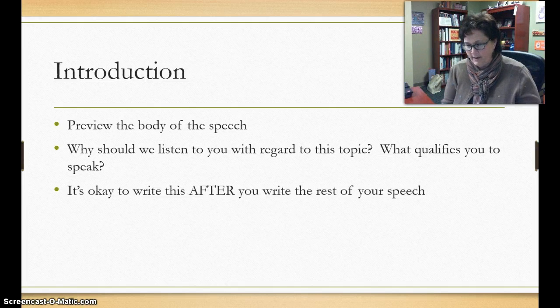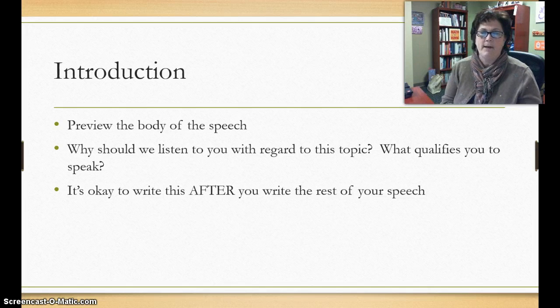Perhaps you're going to talk about the problems with polite dinner conversation in today's texting environment, and your bona fides, your credentials for talking about this topic, might be that you've been a waitress and you've observed firsthand the problems with polite dinner conversation and the way it has deteriorated over time.